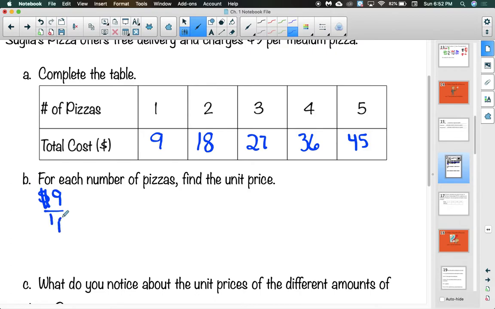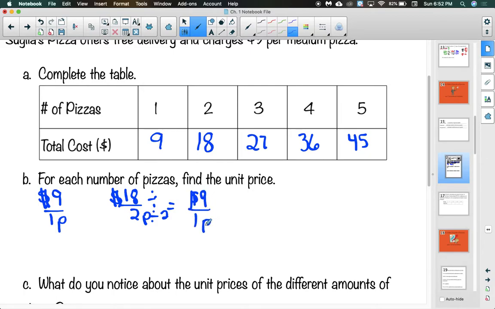Lucky for us, that's already a unit rate, so we can move on to the next relationship, which is $18 for two pizzas. We are going to divide by 2 to make that a unit rate, and we get $9 per pizza.